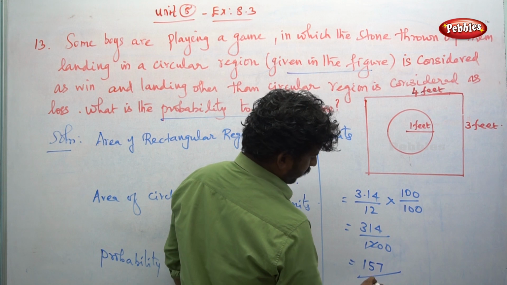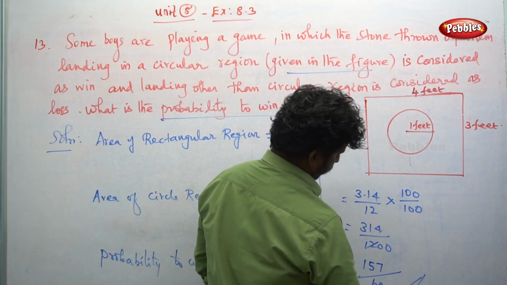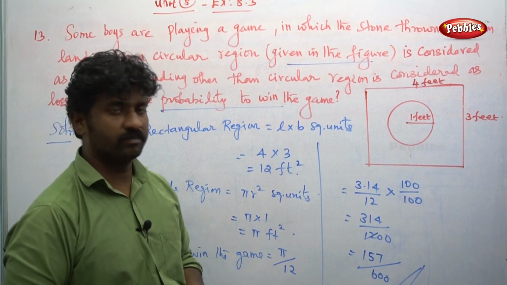This is 600. So this is the answer, 157 by 600. Do you understand?